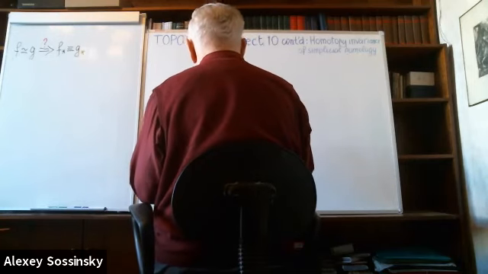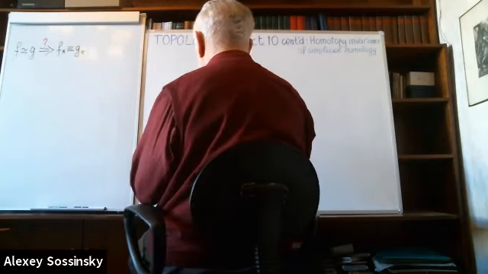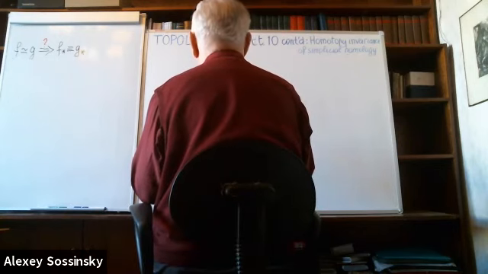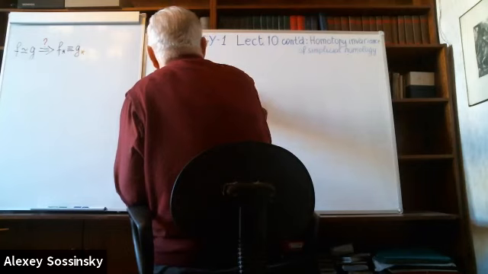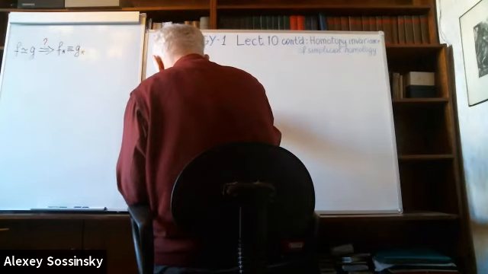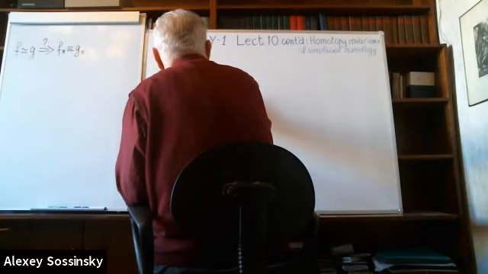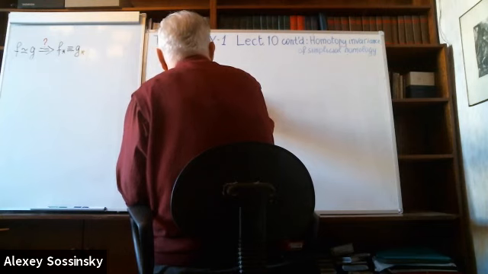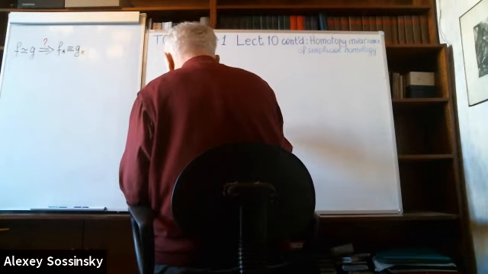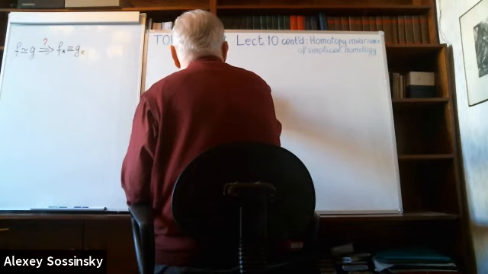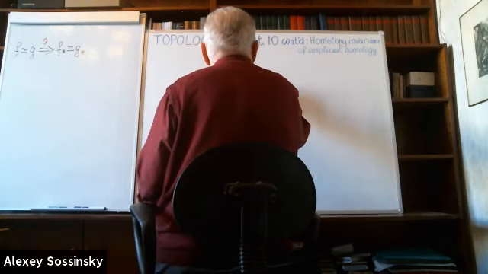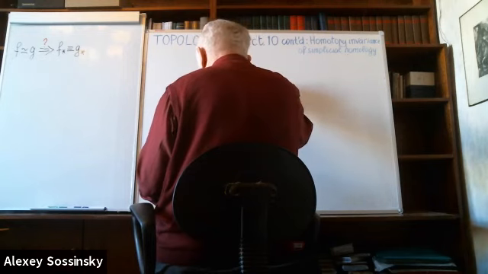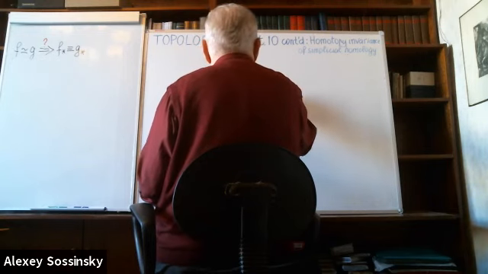Supposing we have a morphism of chain complexes, I'll write this like that: C prime, C prime k plus one, C prime k.